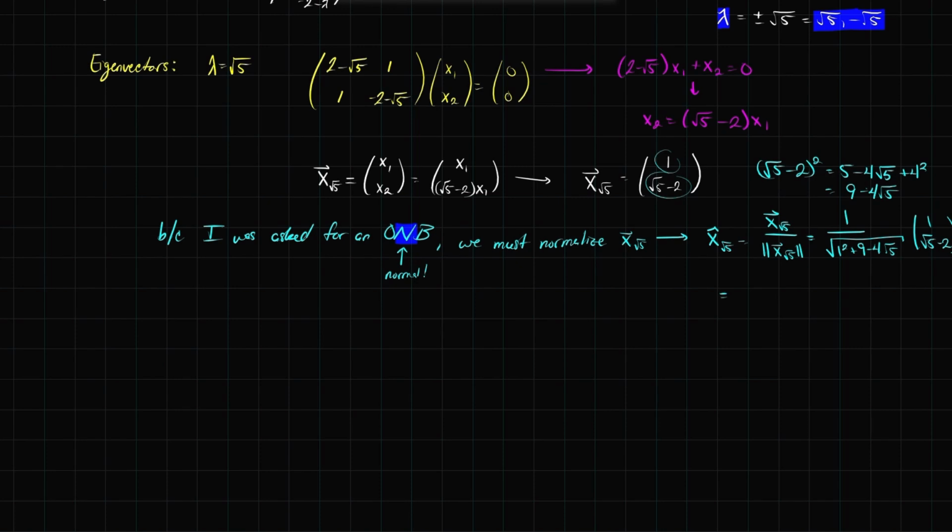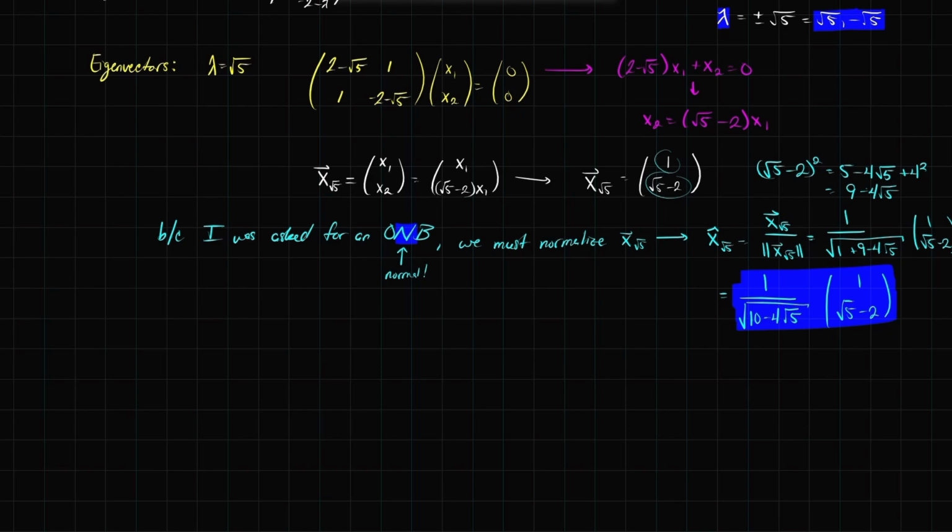But we can write it out as, I guess that's a total of 10 minus 4 root 5 in the denominator, and we just put up with it. So we have 1 over the square root of 10 minus 4 root 5, and then my vector, 1, root 5 minus 2. So no one ever said these were pretty, but it is normalized.